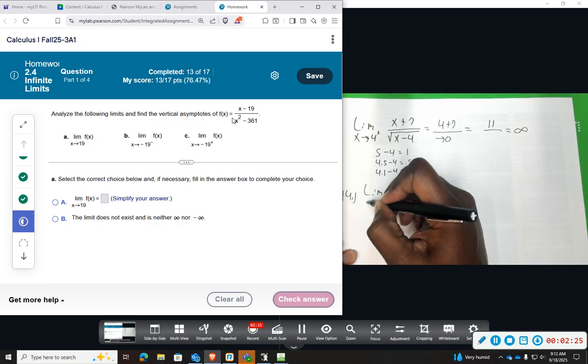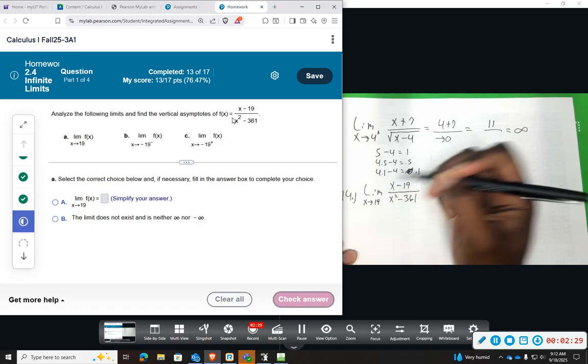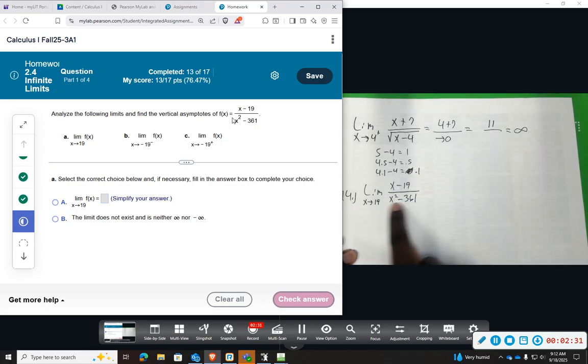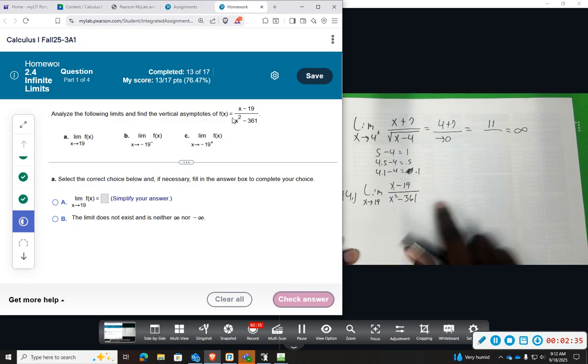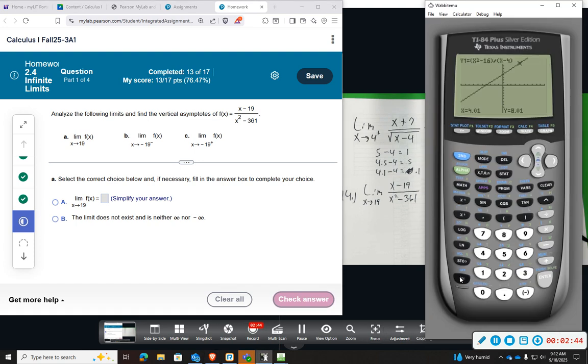Just because it looks like a difference of squares, I want to check to see if 19 squared is 361. So let's take 19 and square it. Okay, so 19 squared is 361.